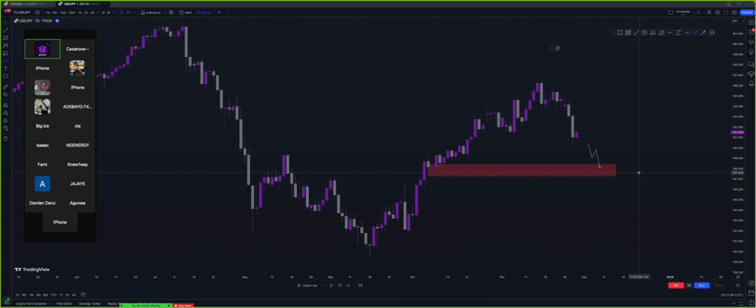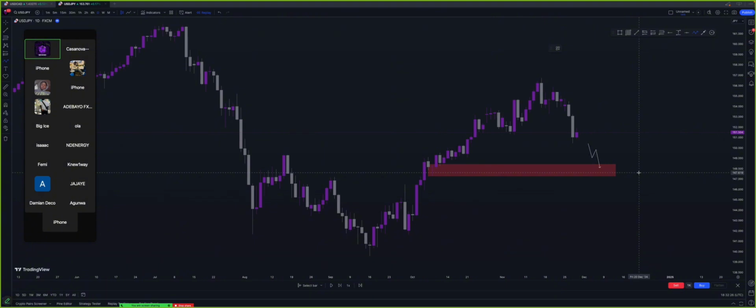If the market is reacting from your daily demand or supply, or from your 4-hour supply or demand, the best time is not the 2-hour. The best time to look out for change of character is not the 1 hour. The best time to look out for change of character is going to be the 15 minutes and the 5 minutes. Those are the two time frames I mainly use for change of character because it works perfectly.